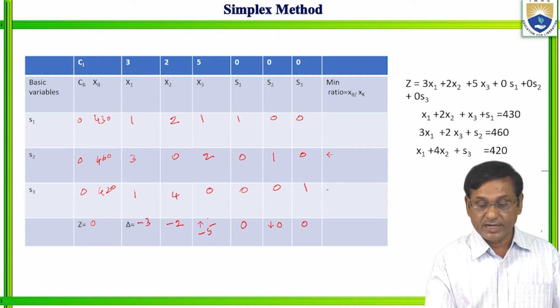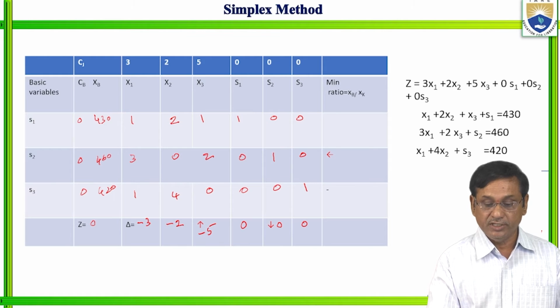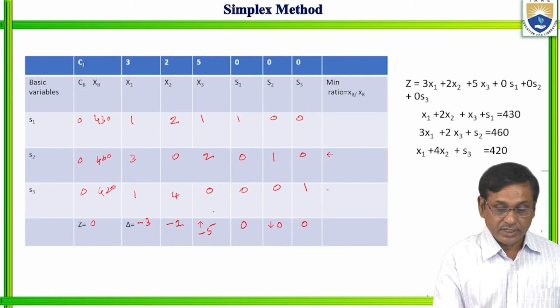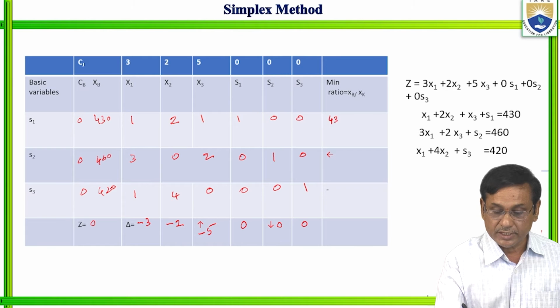Then we have to decide the outgoing vector. The outgoing vector is decided by the minimum ratio XB by Xk. So the key column is 1, 2, 0. XB values are 430, so 430 by 1 is equal to 430.